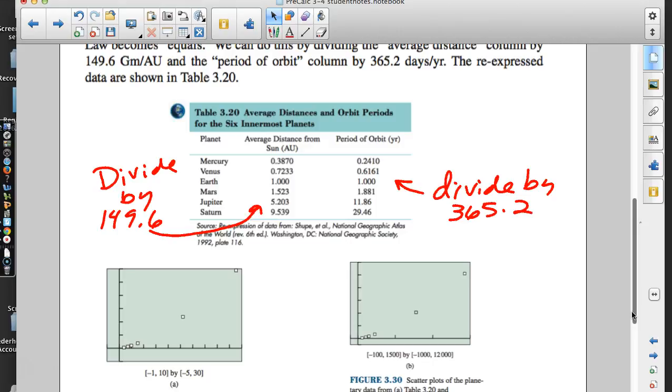But we took the other table out because it's in your book. Once everybody has them in, we're going to re-express these with natural logarithms.